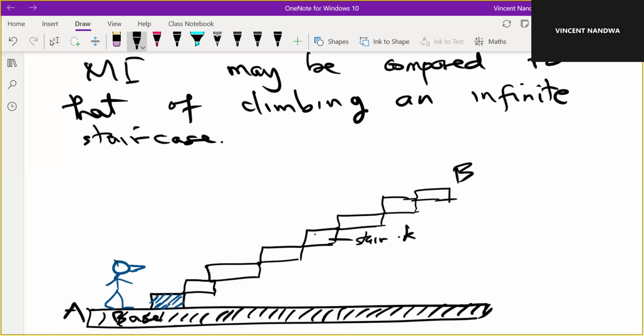So after climbing the first stair, you go to the second stair, third stair, up to the K stair.